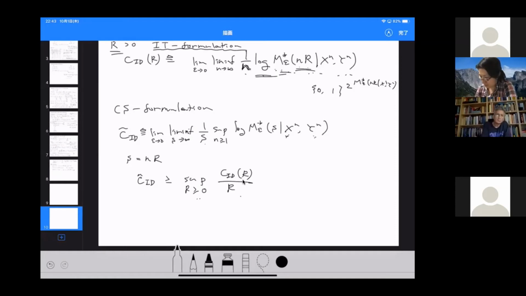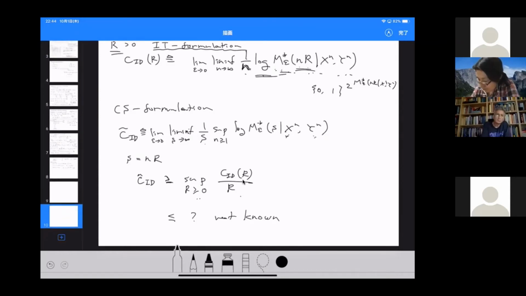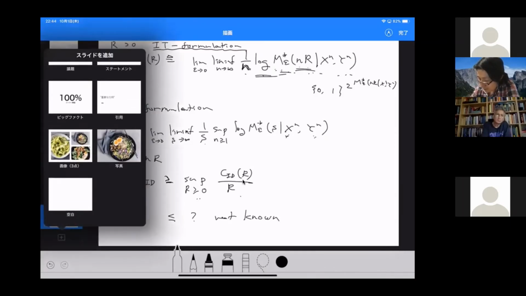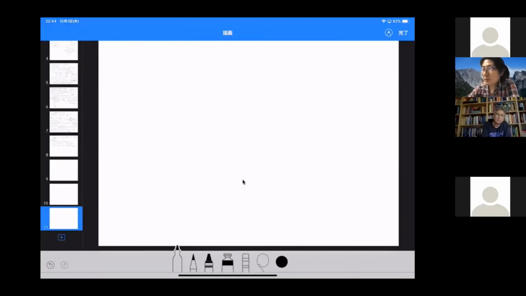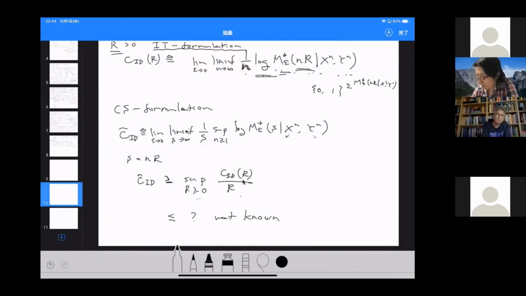But this direction can be proved, but the other direction is not known. Okay, so this is the problem of identification using some correlation.